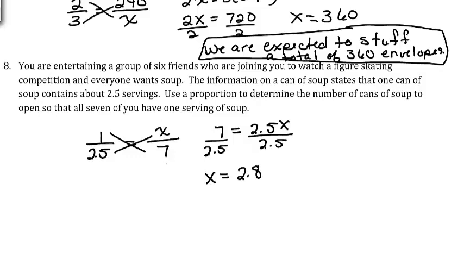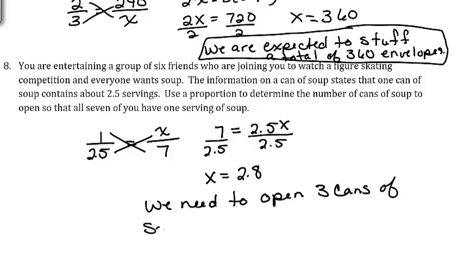You can't open an 8/10 of a can of soup, and so we need to open 3 cans of soup to feed 7 people.